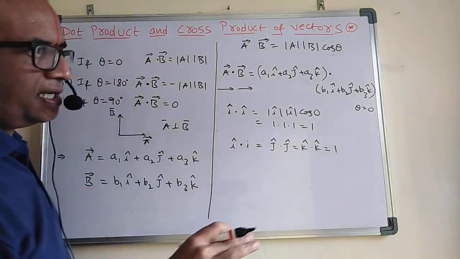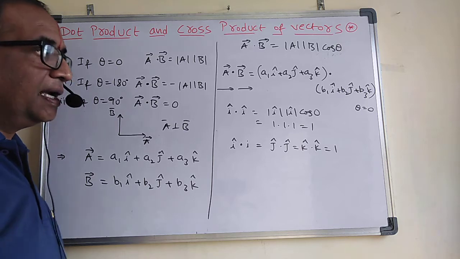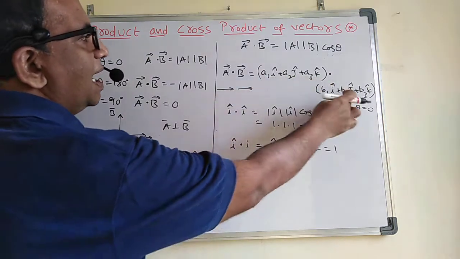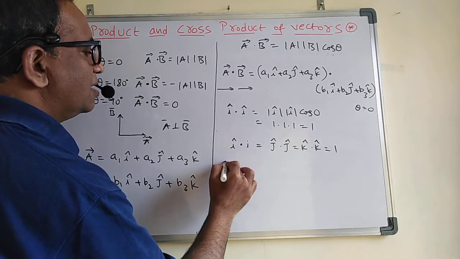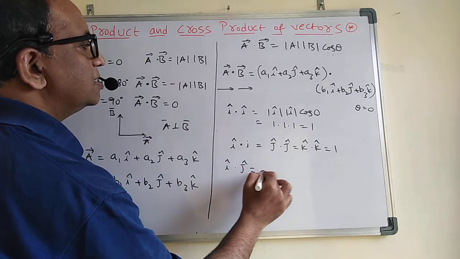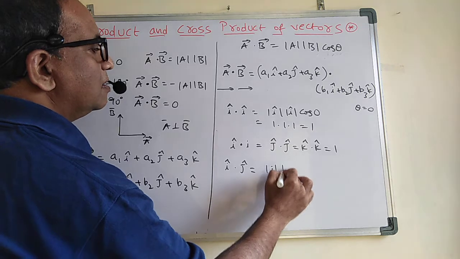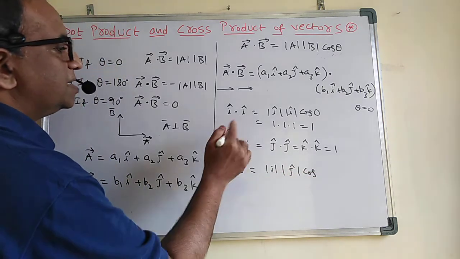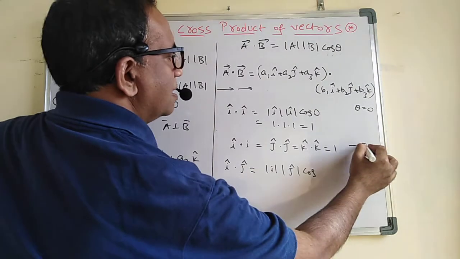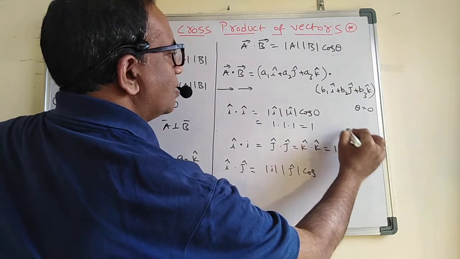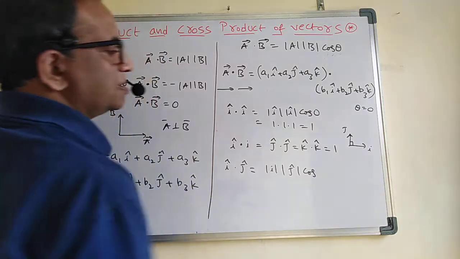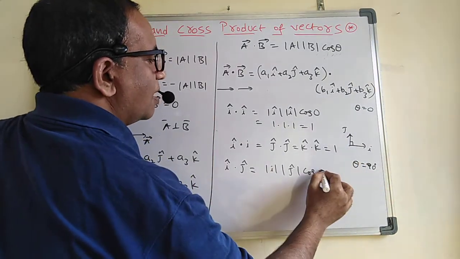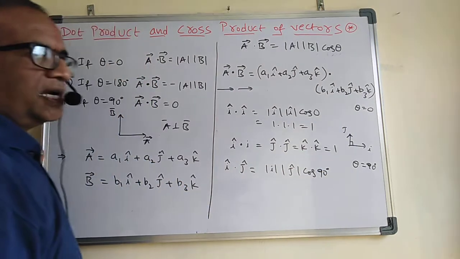And what I said here, the product of two vectors is a scalar quantity. Now let us try i dot j. How can I do i dot j here? i dot j is equal to modulus of i into modulus of j into cos theta. Now tell me, what is the angle between i and j? 90 degrees. Therefore theta is equal to 90 degrees. If I substitute cos 90, what is the value? 0.